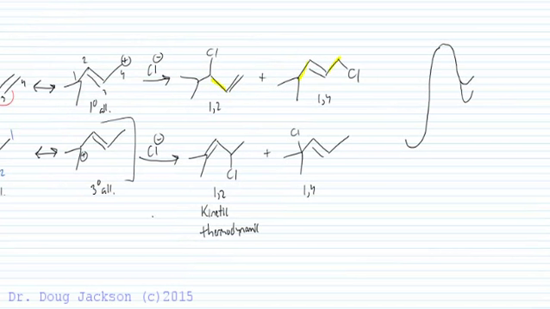The kinetic product is going to arise from the lower energy cation, and it turns out it's the lowest energy overall. It's a 1,2 kinetic. It's also the thermodynamic, because the other product for this one is higher in energy, and then both of these are also higher in energy than that original.